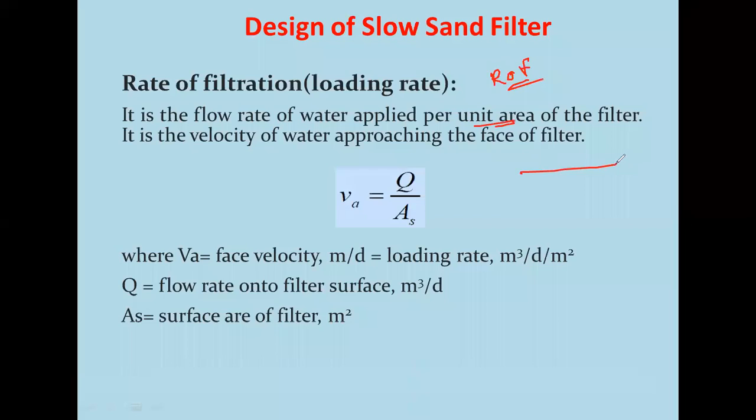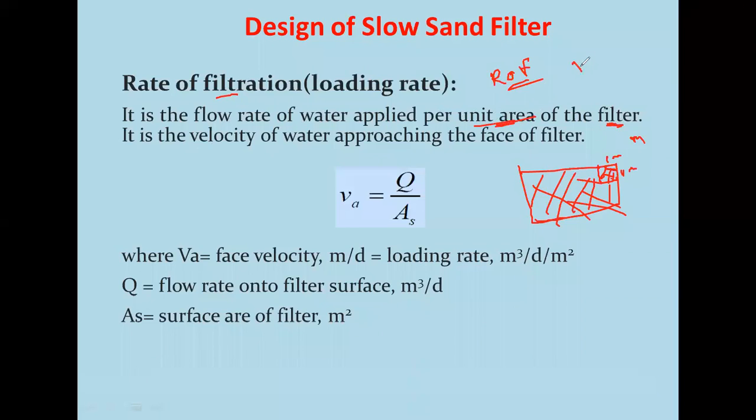Suppose this is the sand filter cross section, the surface area of the sand filter. Through this one meter by one meter area, how much discharge is taking place, how much water is flowing, percolating through that sand bed? That is nothing but the rate of filtration, the flow rate of water applied per unit area of the filter.